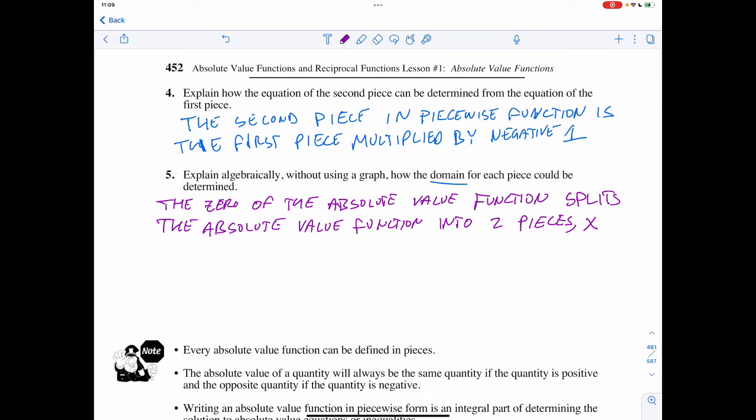X is greater than or equal to whatever the zero is, or the root, or the x-intercept. And x is less than the x-intercept, or the zero, or the root.